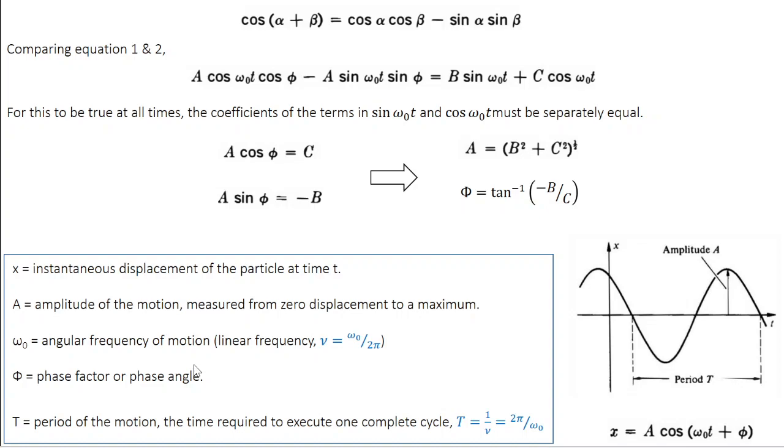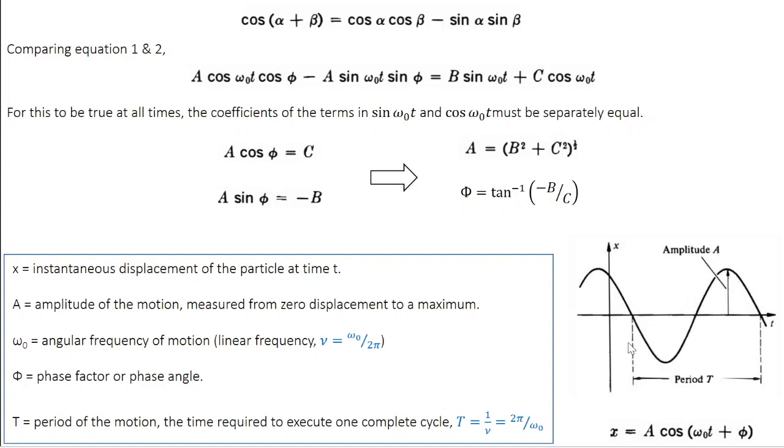Omega naught, as I said, is the natural frequency, also known as the angular frequency of the motion. Angular frequency omega naught and linear frequency nu are related through nu equal to omega naught divided by 2 pi. Phi, as I said, is the phase factor or phase angle.